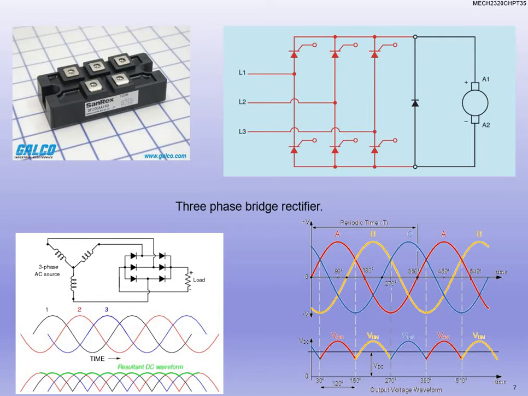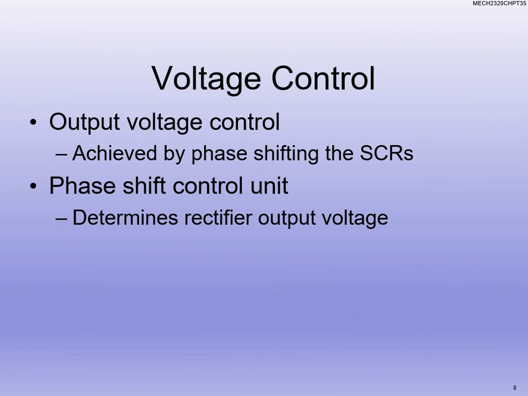That's really what we're talking about when we're talking about leading and lagging, and we're talking about phases: what angle it's at, at what specific time, and how much it's leading and lagging by. So we can use it to shift the phases a little bit. That's how we're going to control our voltage. When we do that phase shift, that determines the output voltage that we get from that rectifier.